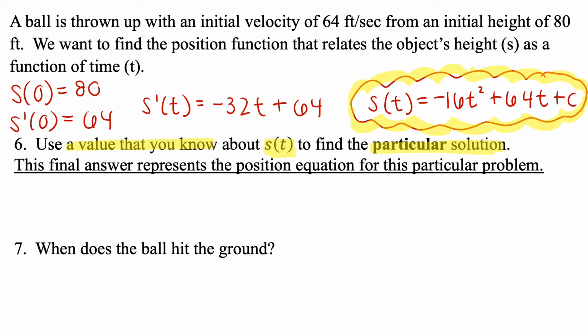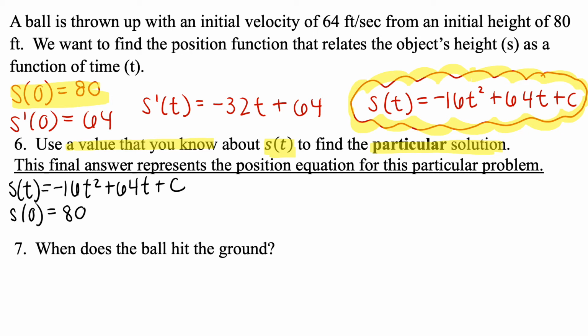So again, the only information we were given about our position was the initial position. So we want to take our general solution, s of t equals negative 16t squared plus 64t plus c, and use the given information that our initial position was 80 feet, and plug that in to solve for c.